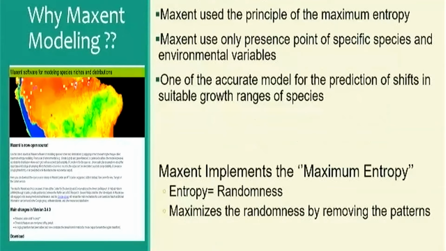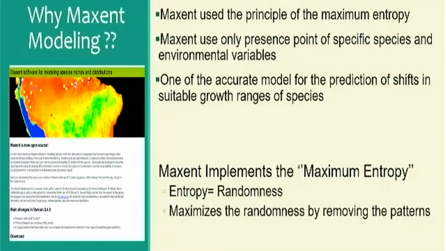Maxent is the model that we used for this study, which is a machine learning algorithm based on maximum entropy theory. That means randomness is used to predict the distribution of these species by using the sighting locations or any other GPS locations taken, and it predicts the distribution by using the environment layers that we are feeding to this model.